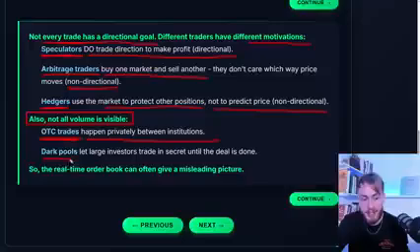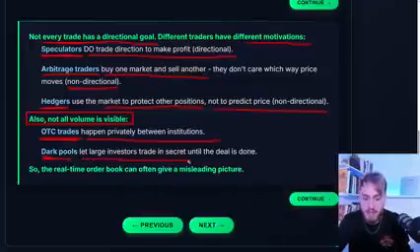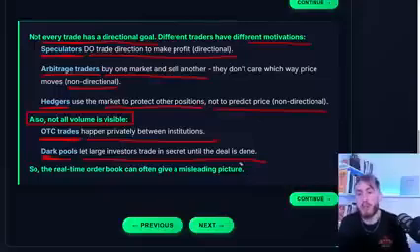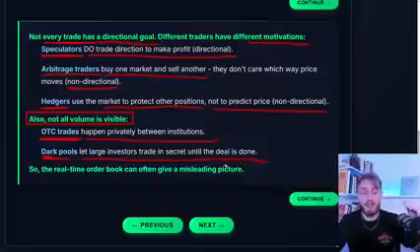Another similar thing is called dark pools. This is where large investors, smart money, institutions, not small retail traders like me and you, trade in secret until they reach a good deal. At least in the live market, this is often completely outside the information of us retail traders.